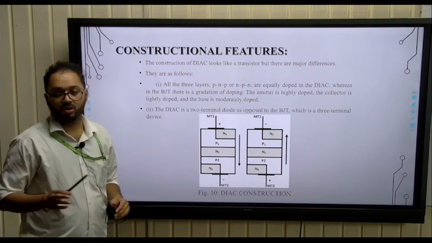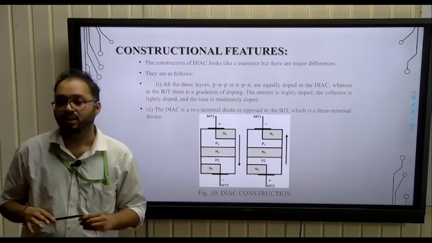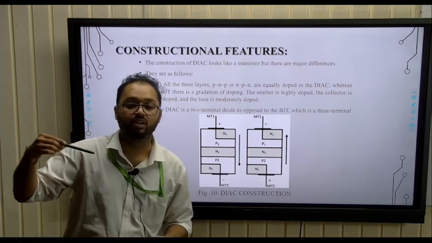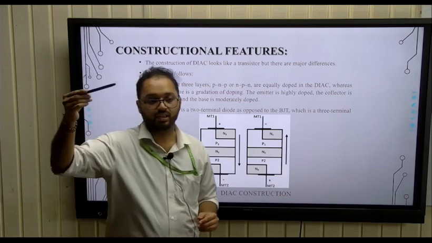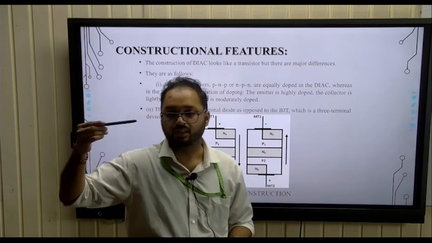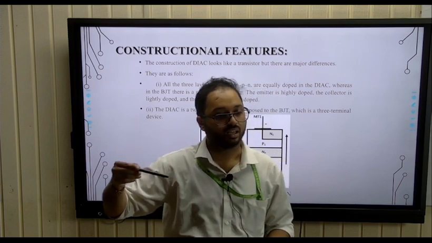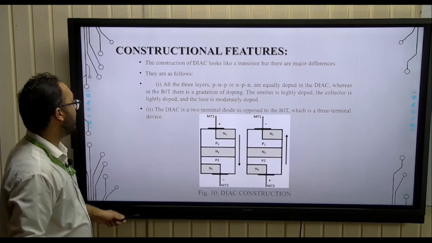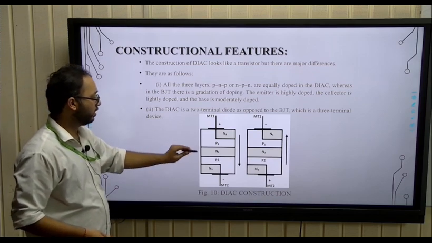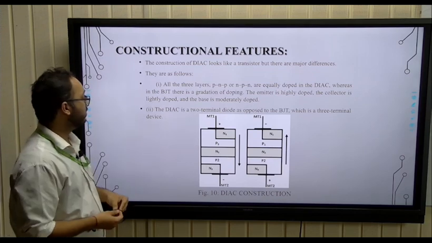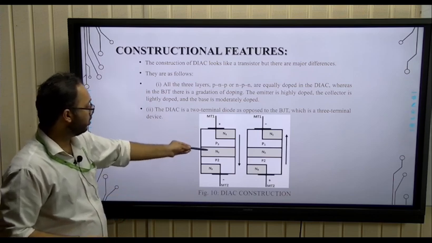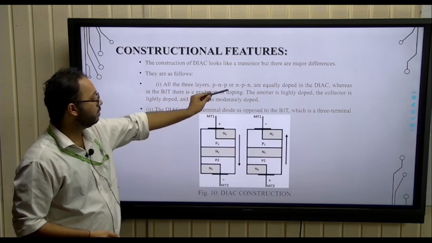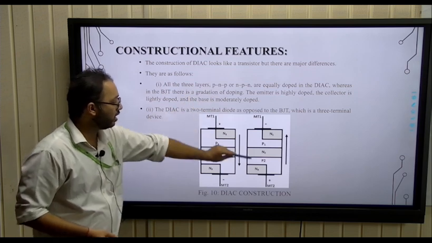We all know that in a BJT there are three layers, but they are not equally doped. Hence, where the area is larger, it becomes the collector, the middle is the base, and the last is the emitter. The diac is equally doped and lightly doped, so there are not a higher amount of carriers, while in the BJT the base is moderately doped. But in the PNP or NPN diac, all are equally doped.